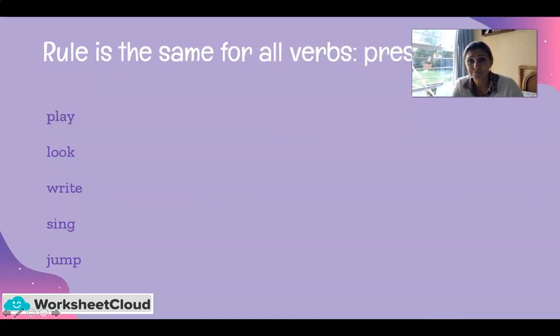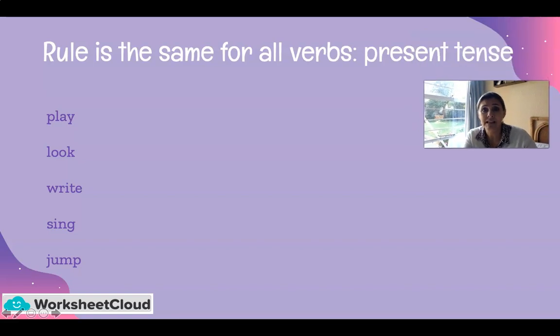Okay, so if you take a look here, the rule is the same for all verbs. Play, look, write, sing, jump. If I had to now change these present tense verbs to the past tense, it's the same for any verb that you use. Play becomes played. He played, they played. Look: she looks, they looked. Write: he writes. Actually, we've got to now change it to past tense.